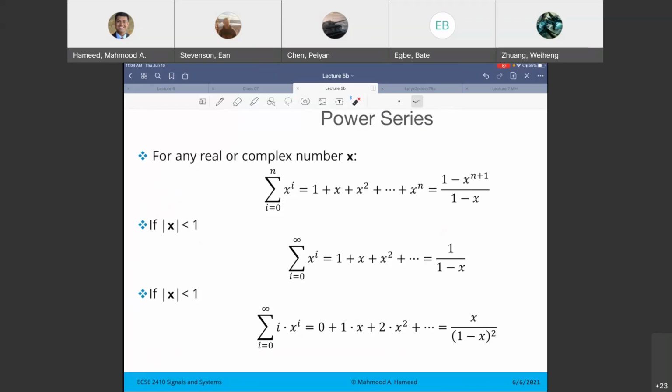However, if you have something like this, i times x raised to i, again, magnitude of x less than 1, then you can use x divided by 1 minus x whole squared. So these are 3 power series formulas that you need to have as a reference in order to solve those earlier steps, right?